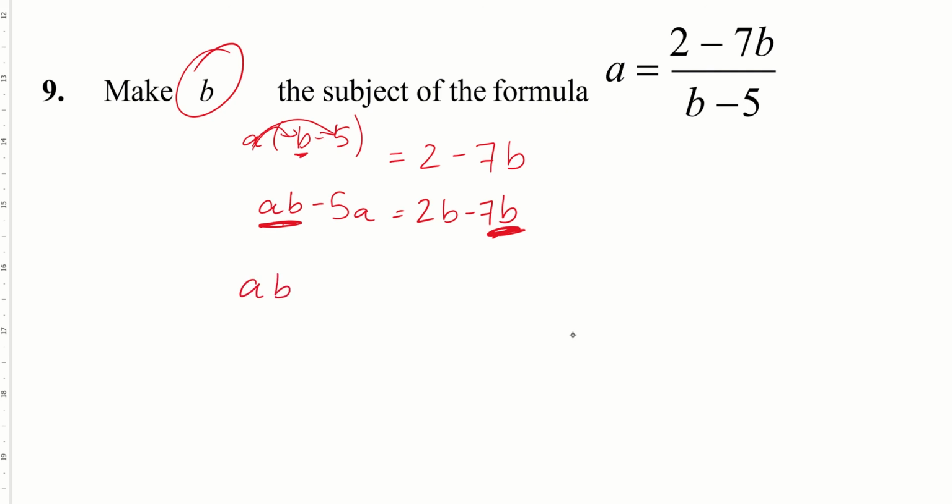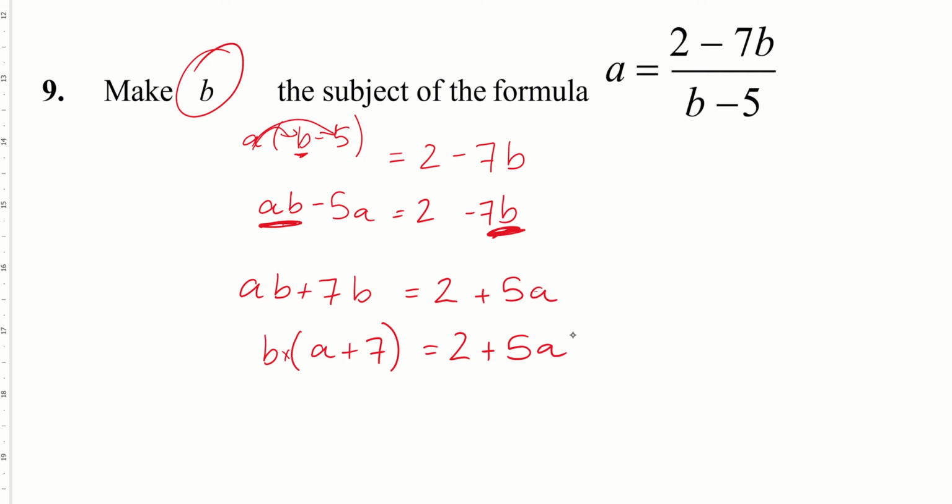So I get AB plus 7B equals, oh, hang on a second. I've added too many B's in. That should be just 2. 2 plus 5A. B outside of A plus 7. What's that F word? It's factorize.